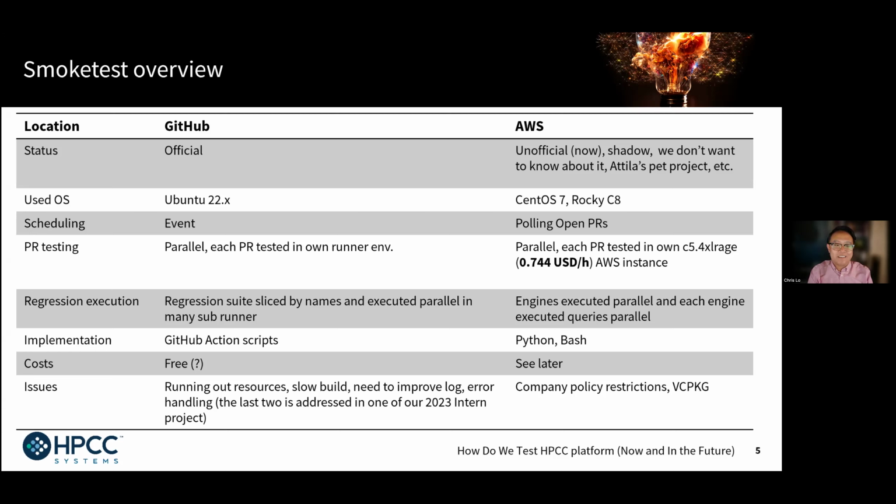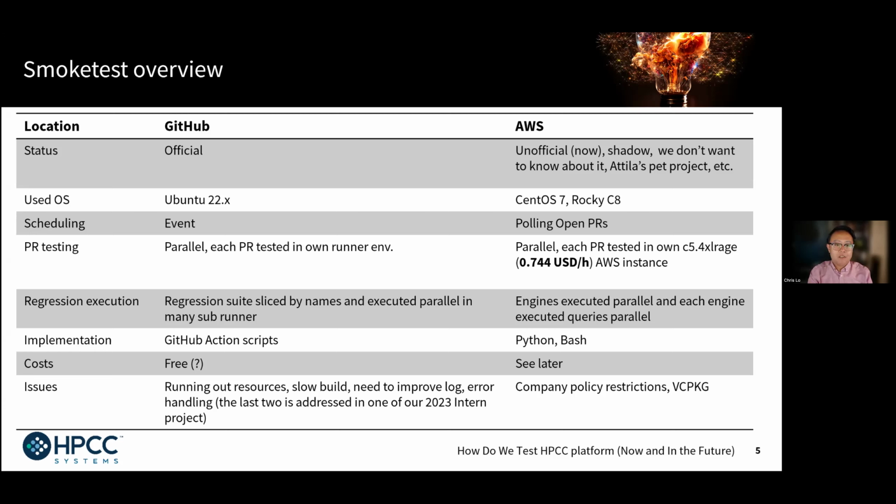The company security wasn't very happy when somebody from outside the network was pushing things into the company. So that's why we went with more of a polling approach to constantly see if things have changed. Now that it's running in a company subscription of AWS, we're still doing the same polling process because similar restrictions apply.